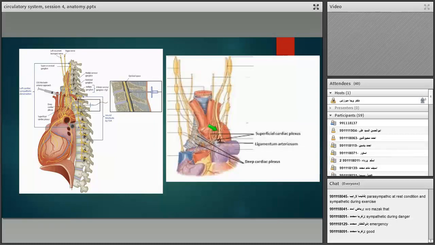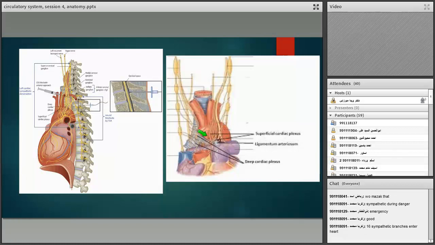What about the parasympathetic? The parasympathetic of the heart is formed from the vagus nerve. Okay? The vagus nerve also sends some parasympathetic branches to the heart.